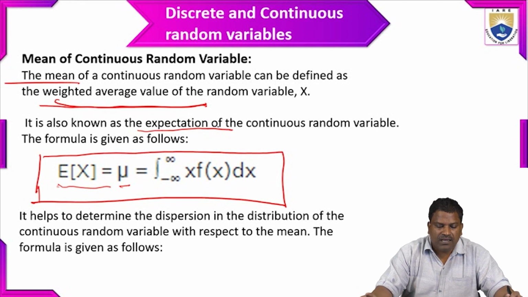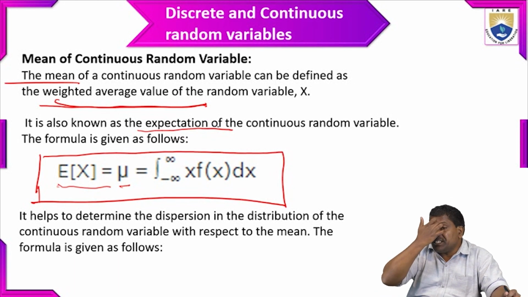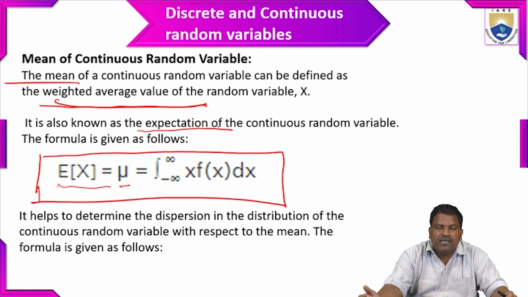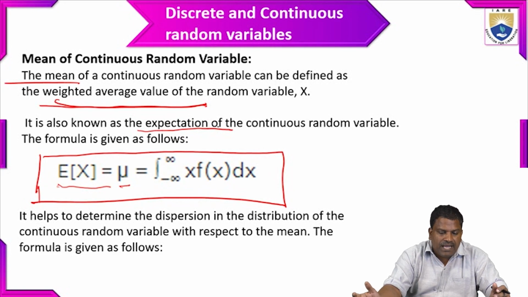So the formula can be taken like this. E of x, expectation of random variable x, is equal to mu is equal to integral minus infinity to infinity x into f of x dx. It helps to determine the dispersion in the distribution of the continuous random variable with respect to the mean.